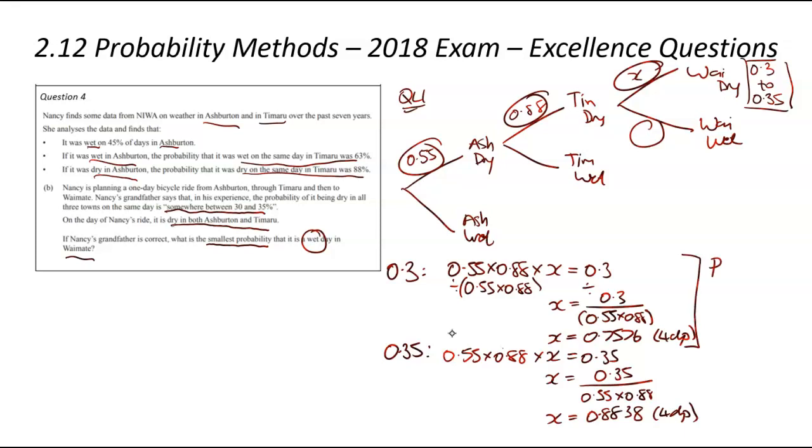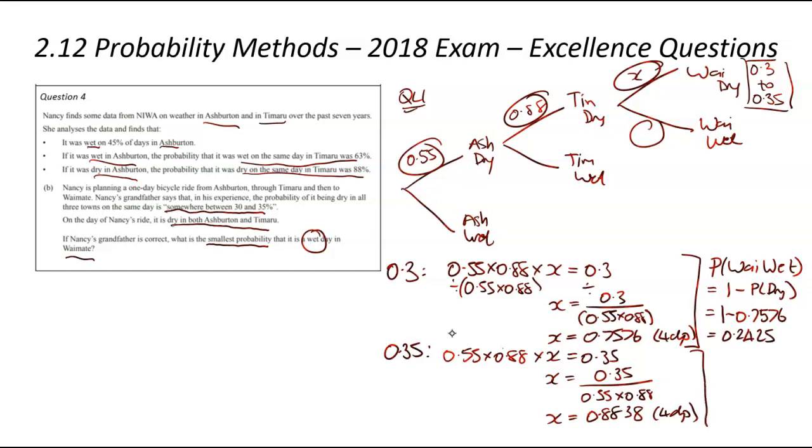the probability of Y being wet is going to be 1 minus the probability of that being dry. And we've got that probability over here. So that's going to be 1 minus 0.7576. And that there is going to get us to 0.2425.